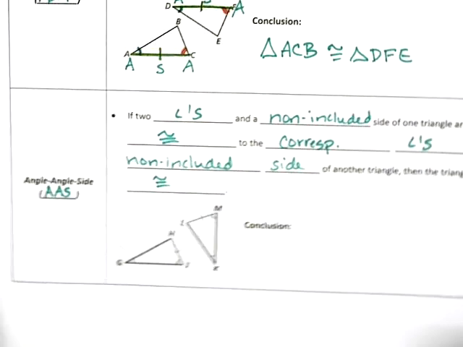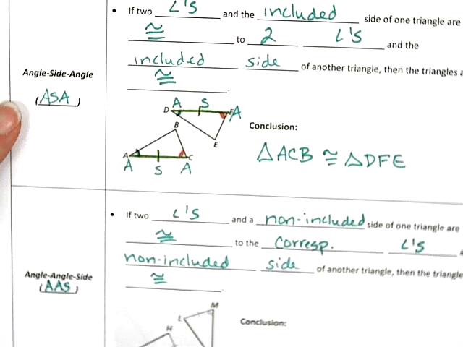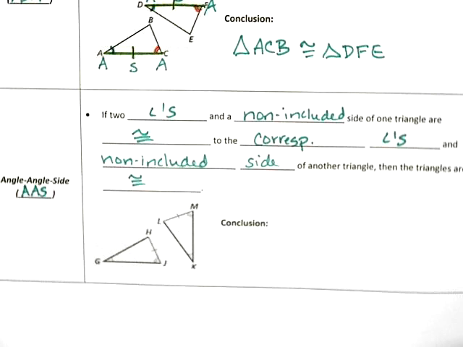Okay, so the big thing with ASA up here was that we had the included sides congruent. On this one, we're saying that the non-included sides are congruent.